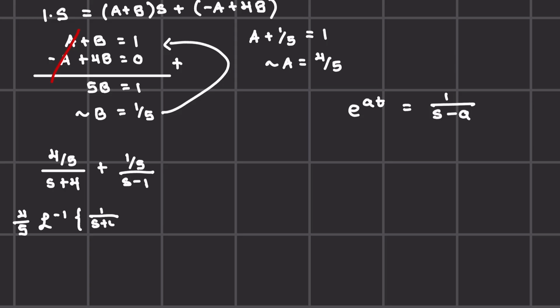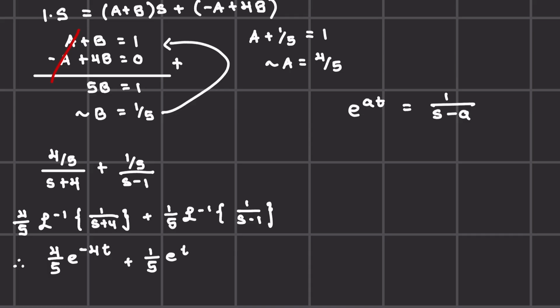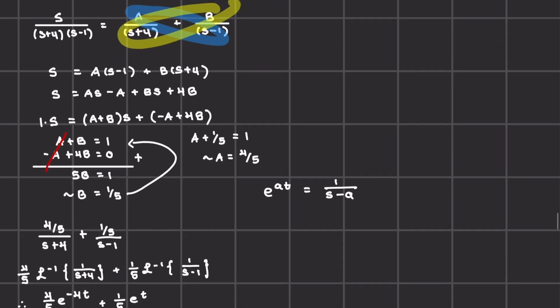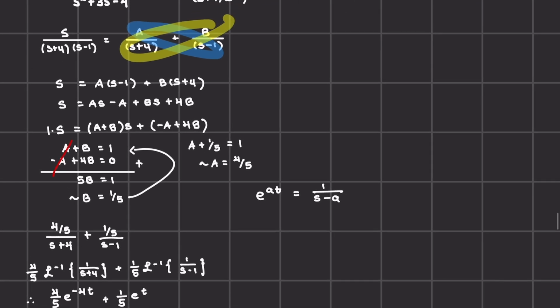So we have 4 over 5 times inverse Laplace of 1 over s plus 4, plus 1 over 5 times inverse Laplace of 1 over s minus 1. Taking the inverse Laplace of the first one, 1 over s plus 4, we know this is s minus a, so our 4 will become a negative. Therefore, our solution will be 4 over 5 e to the negative 4t plus 1 over 5 times e to the t. And that's how you solve the inverse Laplace transform for this particular function using this property.